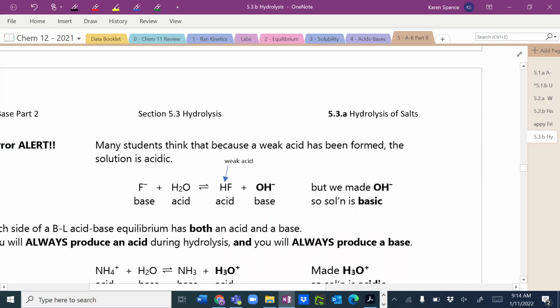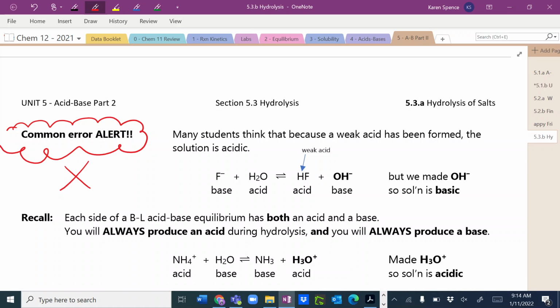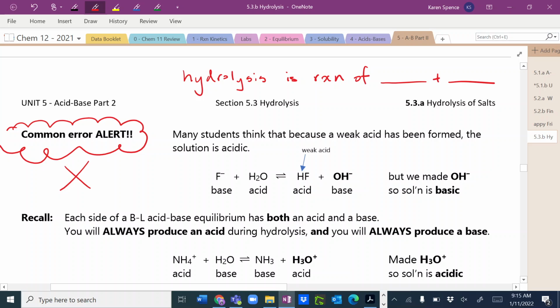All right. Now, common error alert. This is something that students do wrong. Many students think that when an ion hydrolyzes, and if you remember, hydrolysis is the reaction of something plus something. See if you can think of those two things.